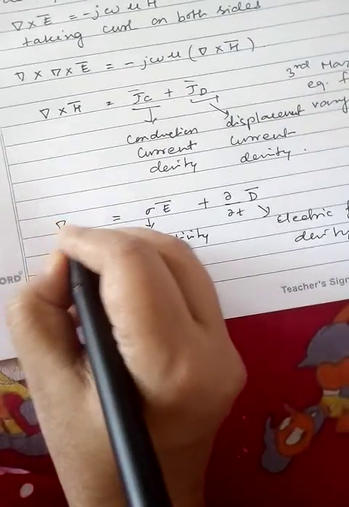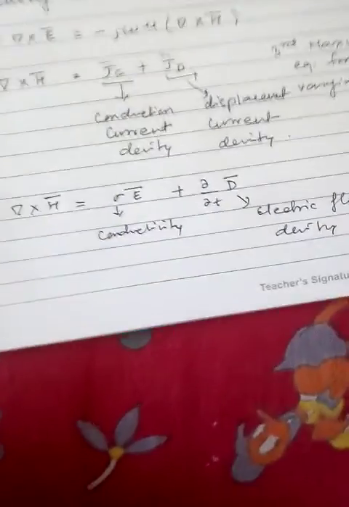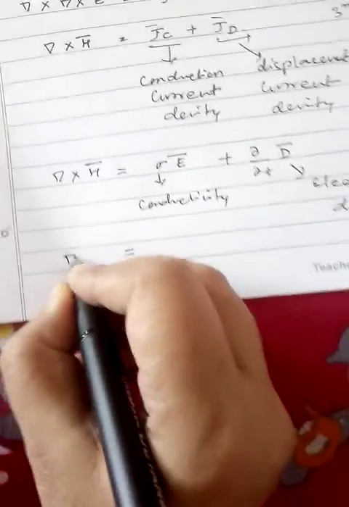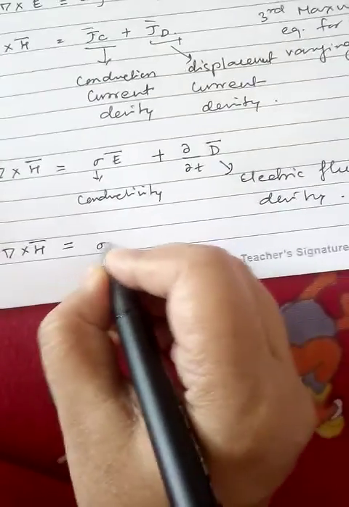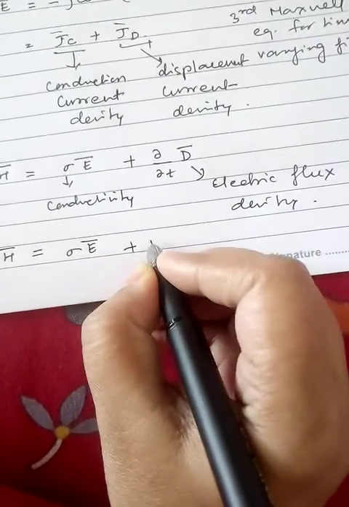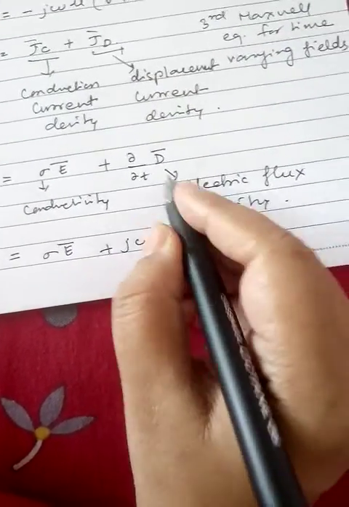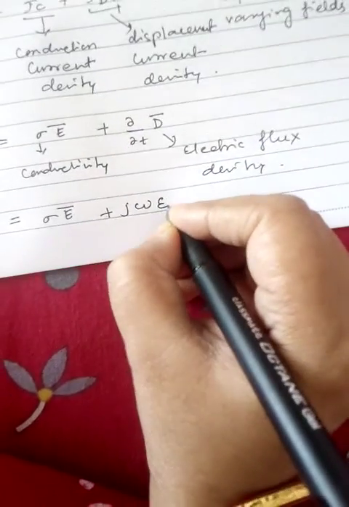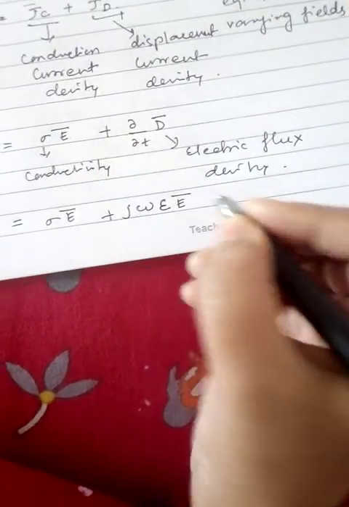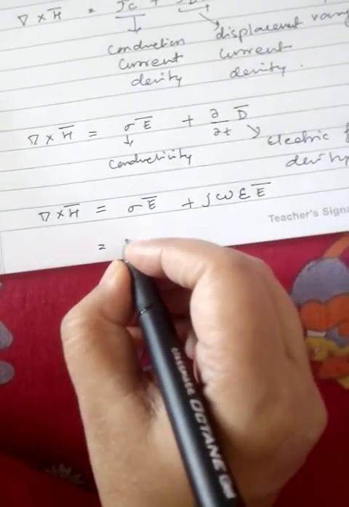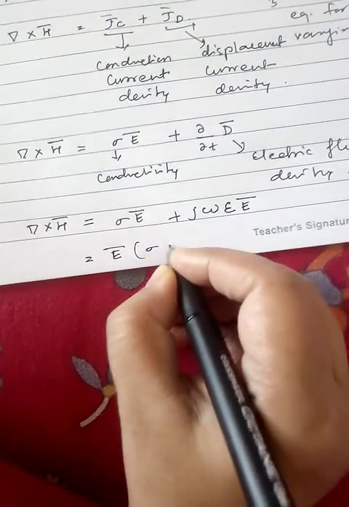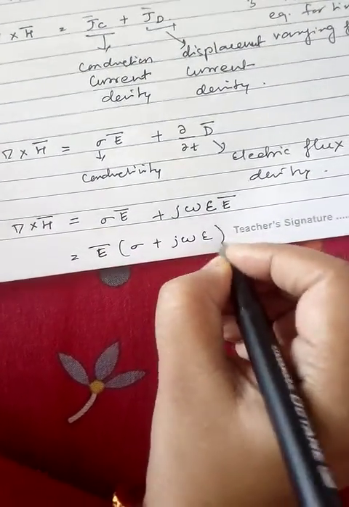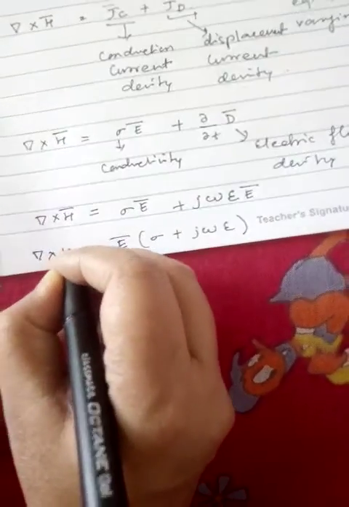So del cross H is equal to sigma E plus del by del t of D. Again del by del t can be replaced by j omega, and D can be written as epsilon E. So now E can be taken common: del cross H is equal to E times sigma plus j omega epsilon.